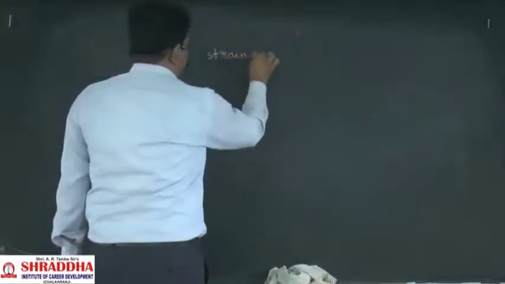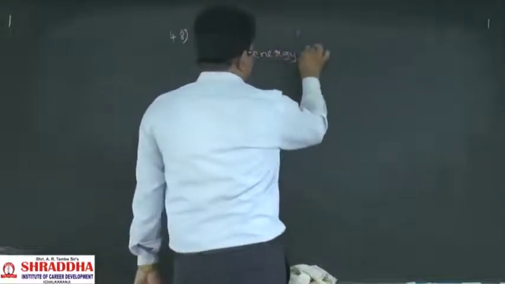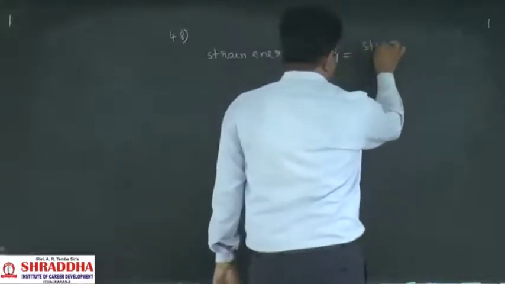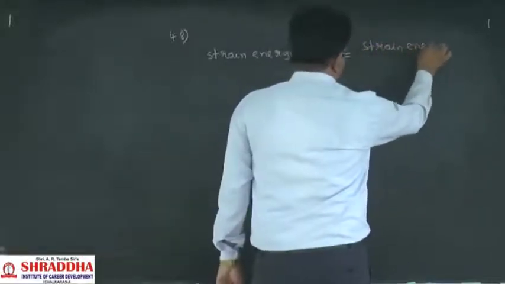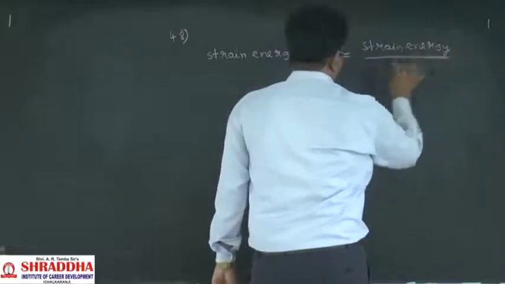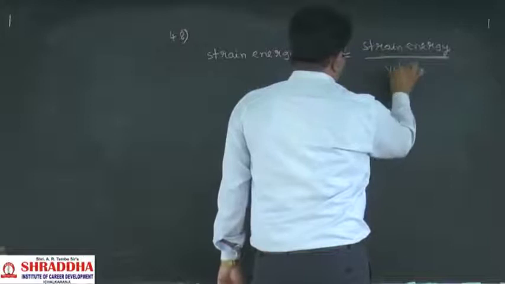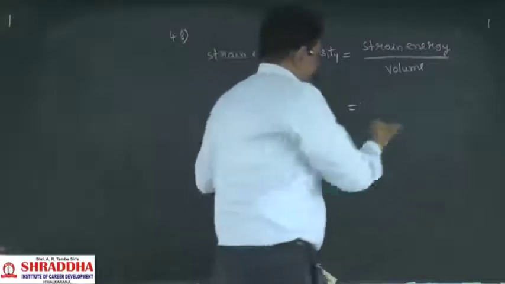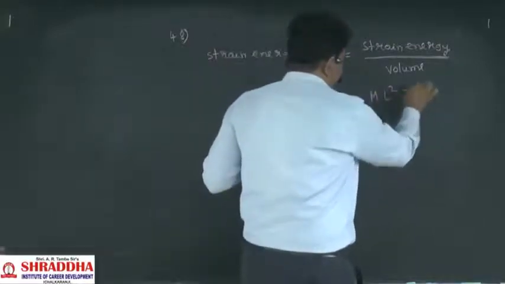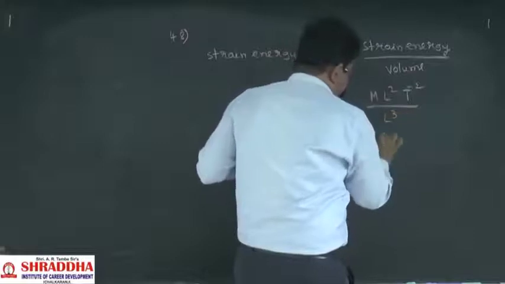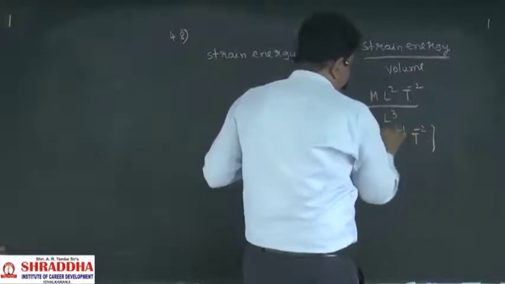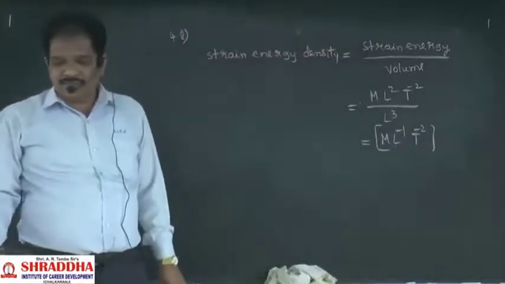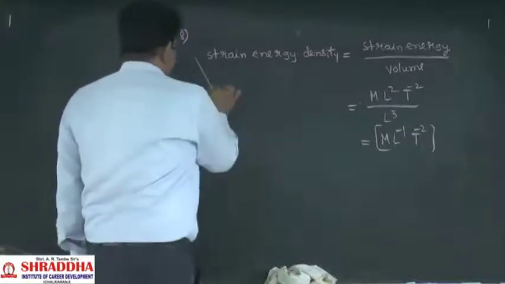Strain energy density means strain energy by volume. So this value is m L square T power minus 2 by L cube, which is m L power minus 1 T power minus 2. 48 will be C.